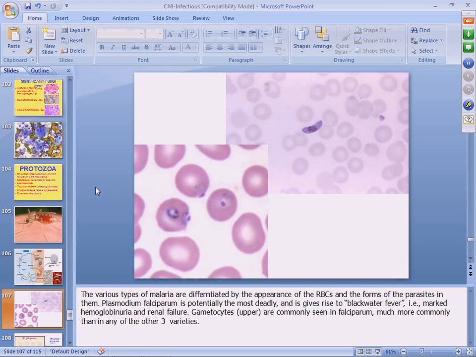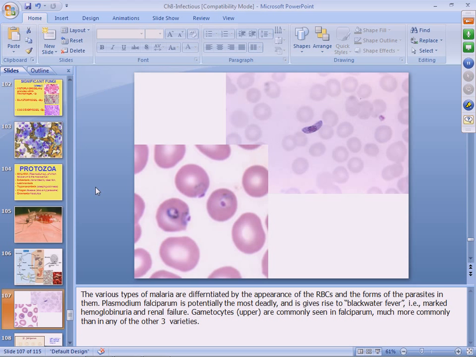That doesn't mean you're going to see them right away if you're in the lab or in your office. And even if you see them and you think it's one kind of malaria versus another, very often it winds up being whatever type of malaria is endemic to that area.